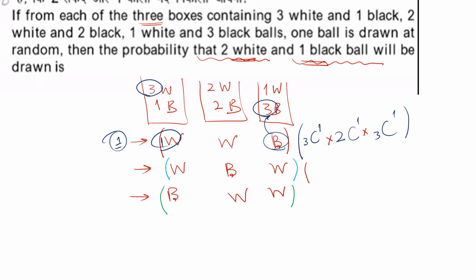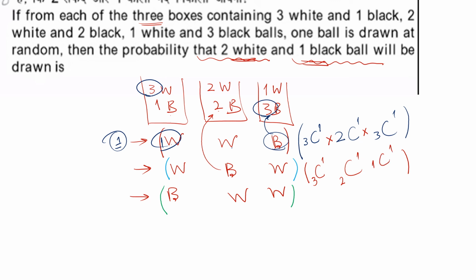The second case says choose the white ball from the first box, choose the black ball from the second, so the number of black balls is 2C1. Choose the white ball from the third box, so it will be 1C1.